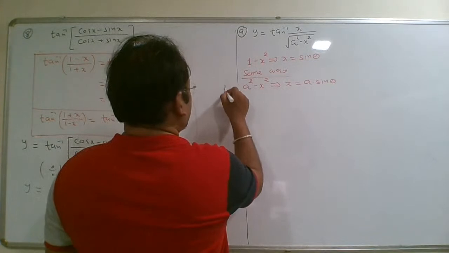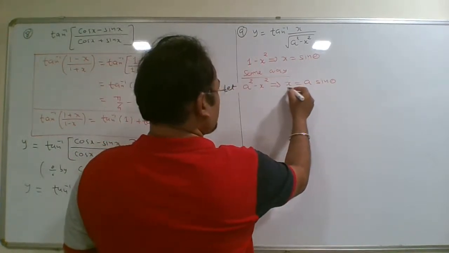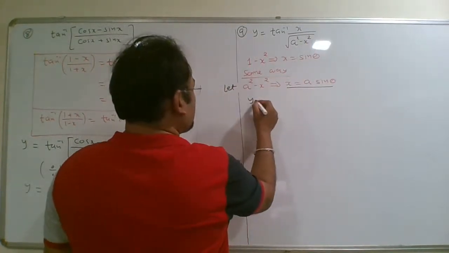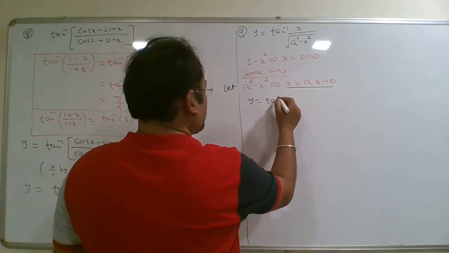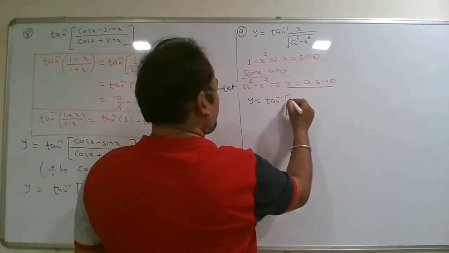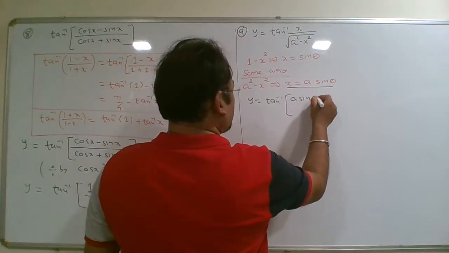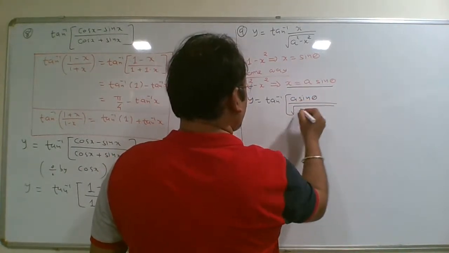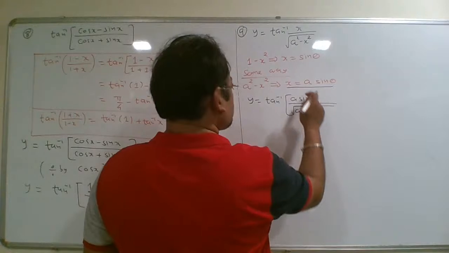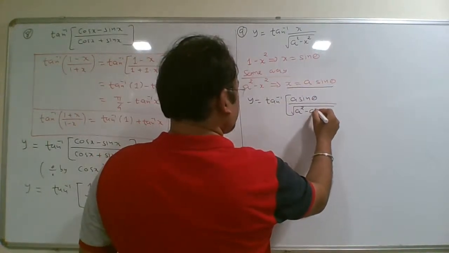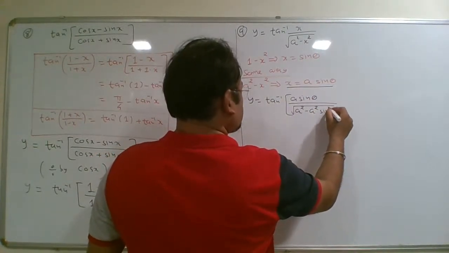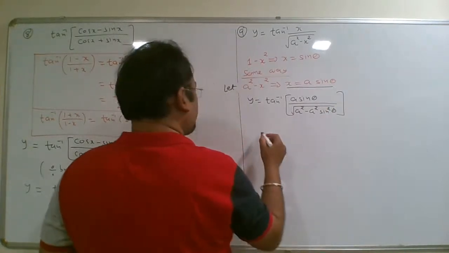Replace this value in the question. Let x equal to a sine theta. So y equal to tan inverse of a sine theta upon under root a square minus a square sine square theta.